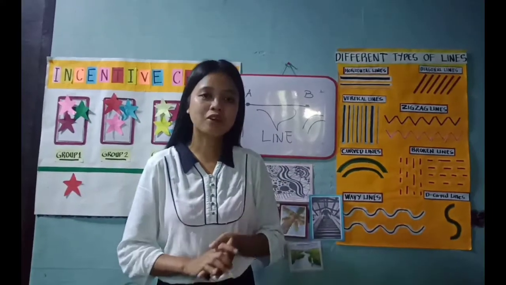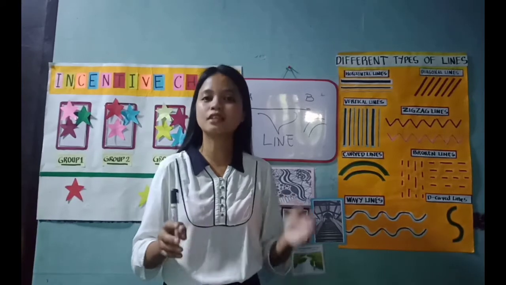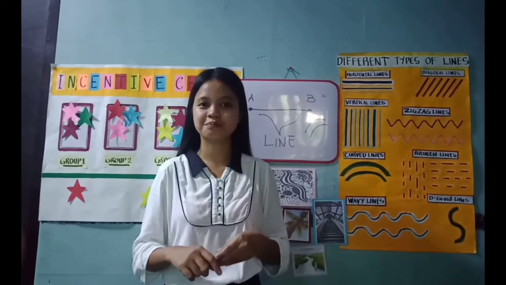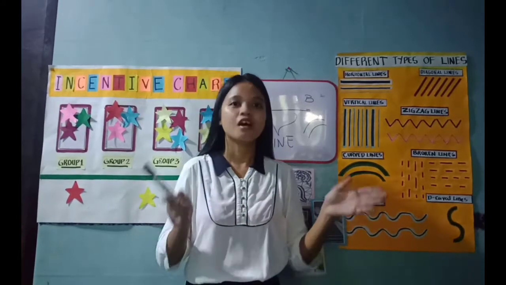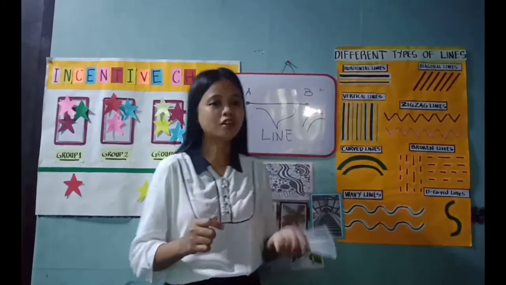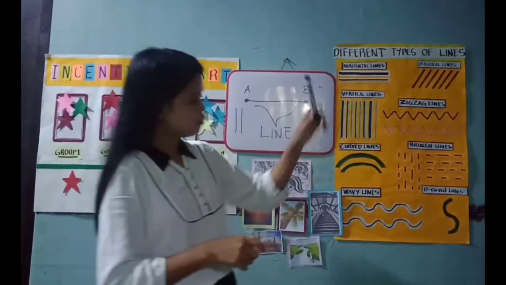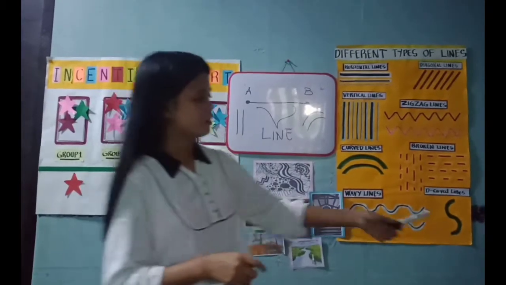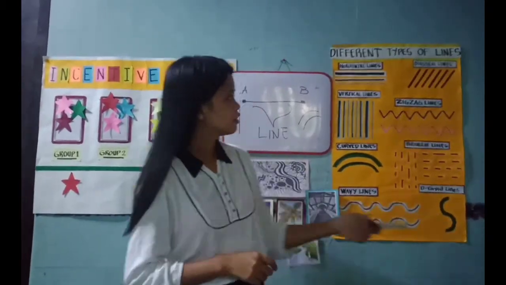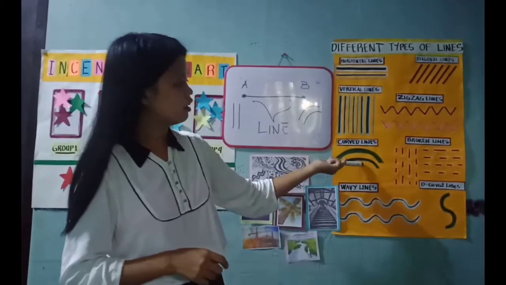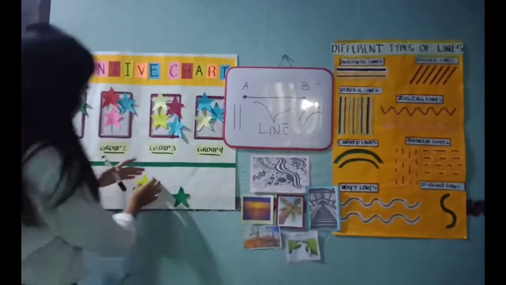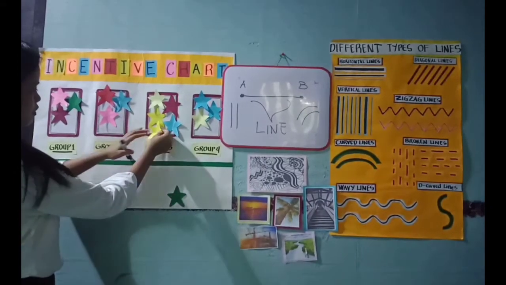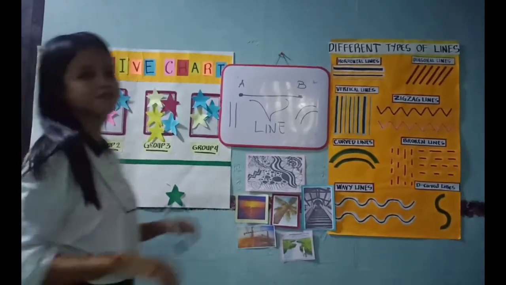So what about the curved line? What are the lines under the curved line? Yes, group 3. Very good. The lines under the curved lines are the wavy lines, double curved lines, and the curved lines. Okay, let's add a star on your notebook.